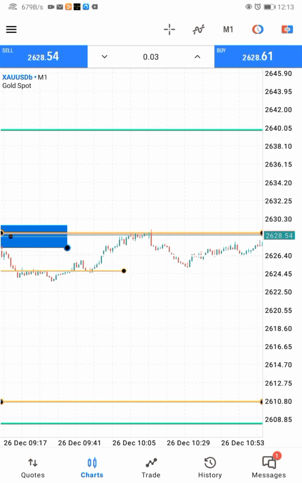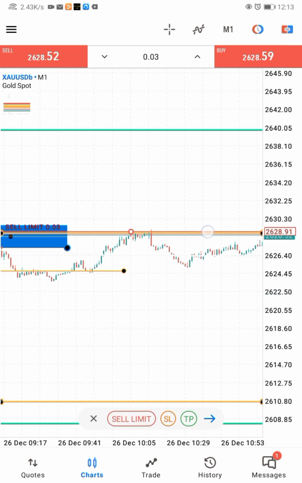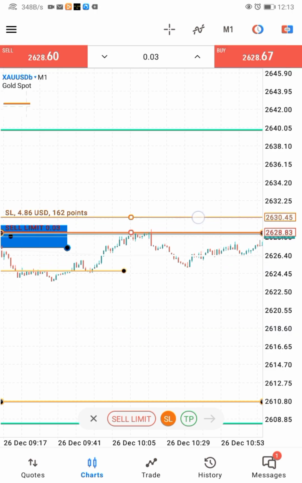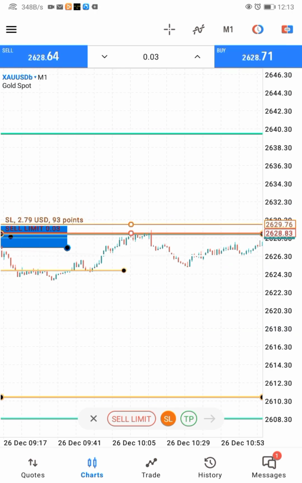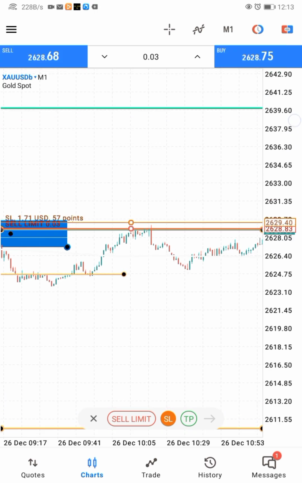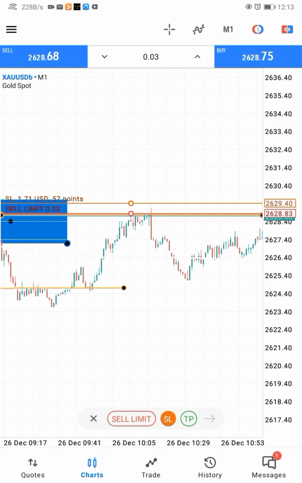I placed my trade right there, though I was using 0.02 because I didn't want to risk much, because we are still on the festive period, meaning many people are still not returned from vacation.